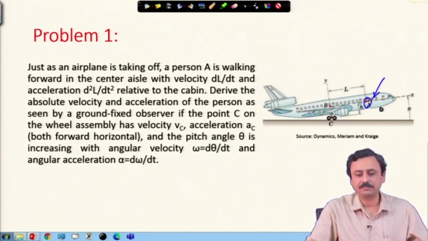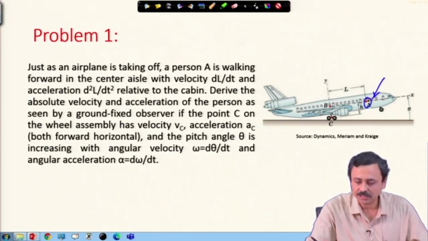So, that is specified. Derive the absolute velocity and acceleration of the person as seen by a ground fixed observer if the point C on the wheel assembly has velocity Vc.